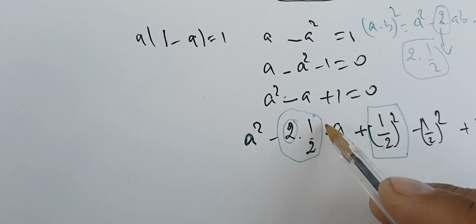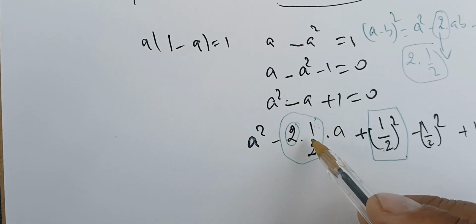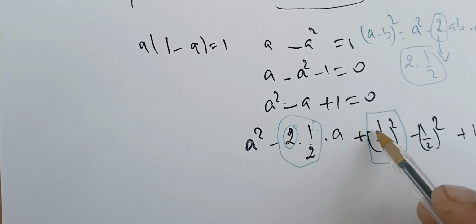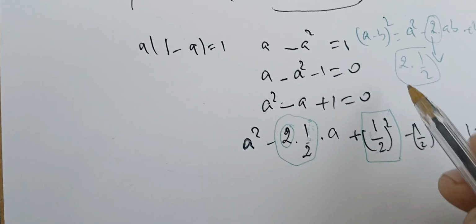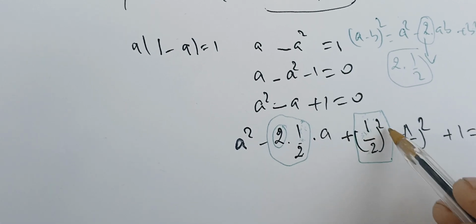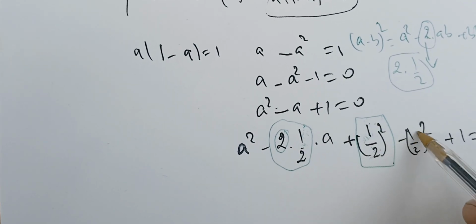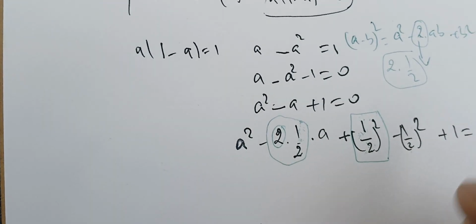From here we noticed that b is 1/2. So in this case, we need the b squared, which is 1/2 squared. So we did 1/2 squared minus 1/2 squared. It's plus b squared minus b squared, which is 0. It's like we did nothing.